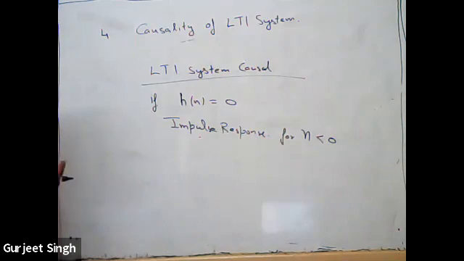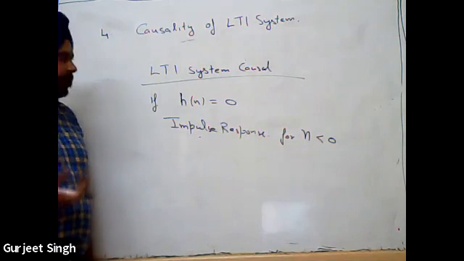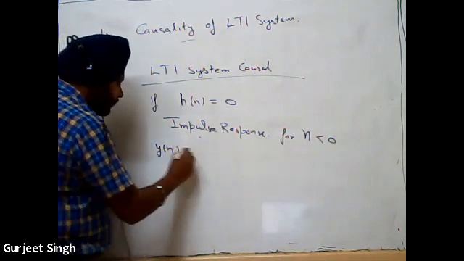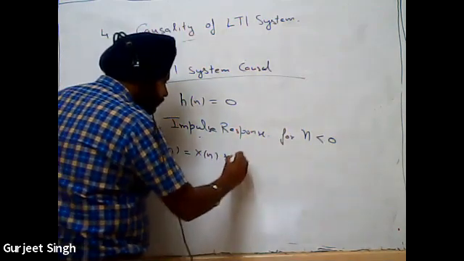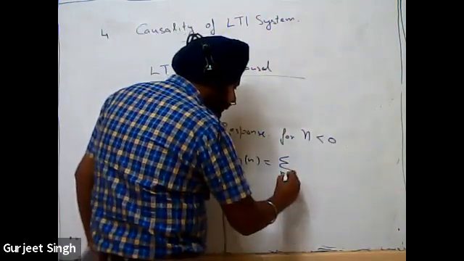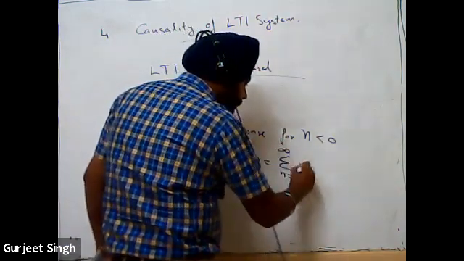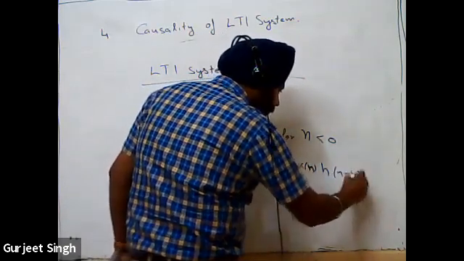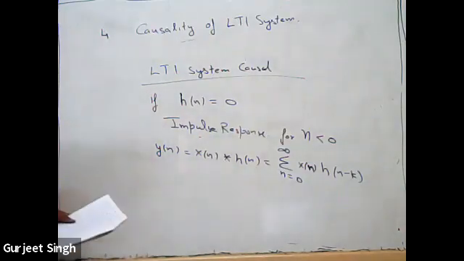So what is the equation of convolution for the causal system? We have written y[n] is equal to x[n] convolution h[n], that is equal to the summation from k equal to 0 to infinity of x[k] h[n minus k]. So we can say that this is the equation of causality for the LTI system.